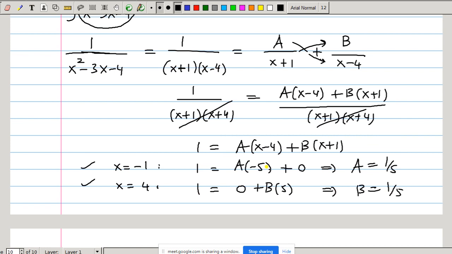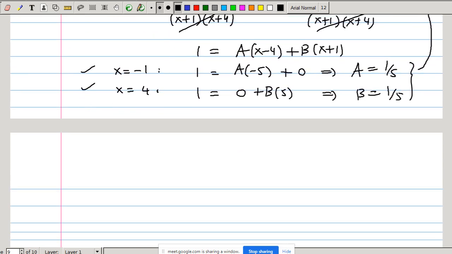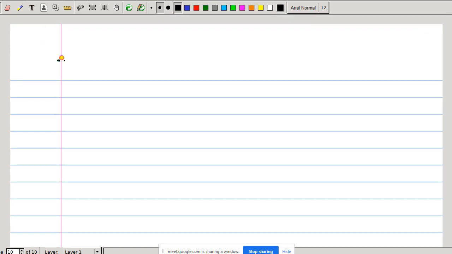So now I will replace these a and b back in here. My expression on the left was x square minus 3x minus 4. It becomes a over x plus 1, plus b over x minus 4.